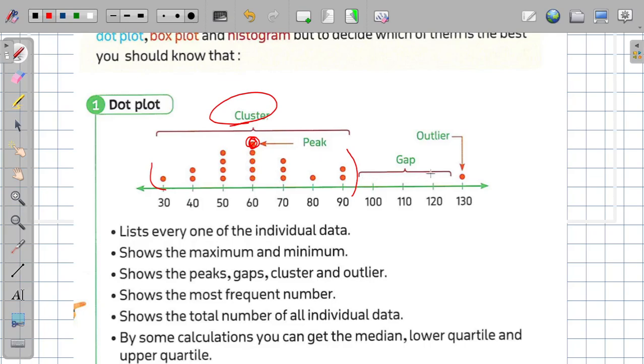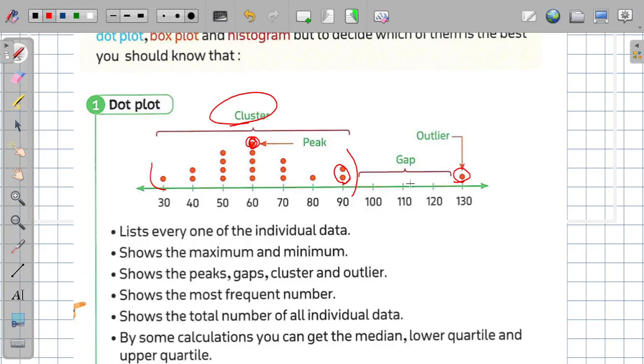And if we have a space between the last dot and the dot before it, it's like a gap, and the last dot on the number line, or the dot that is far away from the group or the cluster, is called the outlier.